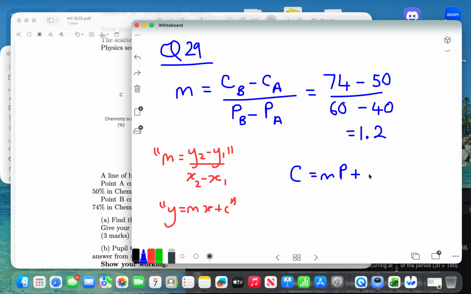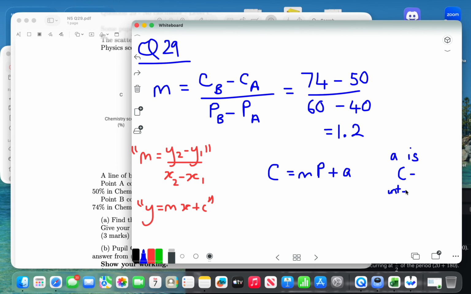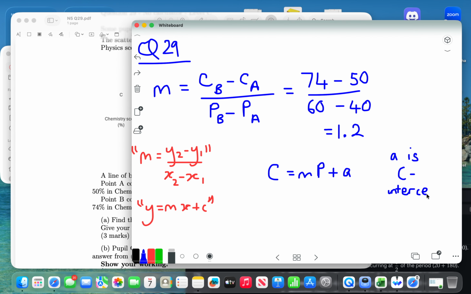I'm going to say A is the c-intercept. You could use any other letter except for one of the ones in the equation, but let's call it A and label it. So we want to substitute any point into this and find the corresponding value of A.